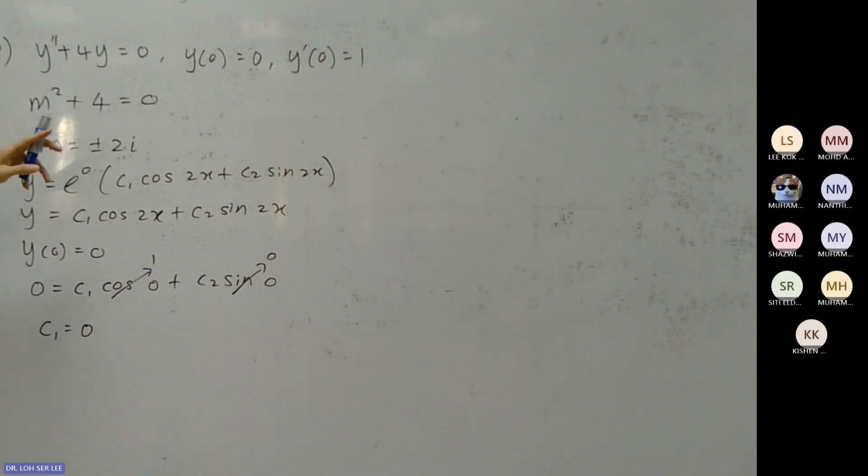And next, we want to apply the second initial value. Either you substitute your C1 first to get the latest y, then differentiate, or you differentiate, then substitute. Either way. When x is 0, y prime is 1.